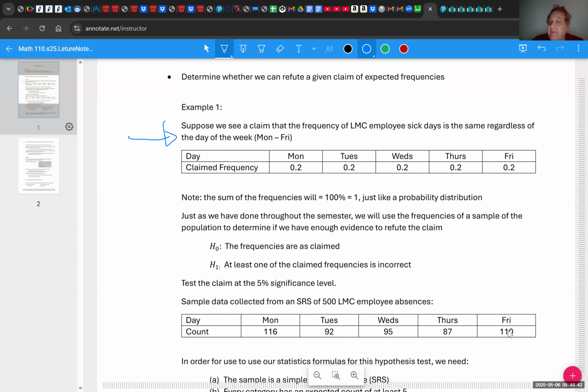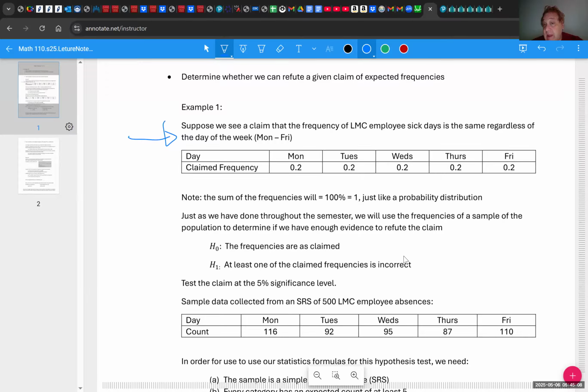And the alternative hypothesis is that at least one of the claimed frequencies is incorrect. So this is very standard in terms of our null and alternative hypotheses. The frequencies are as expected, or as claimed. And then the alternative is at least one of the frequencies is not as expected or claimed. We're going to test this at the 5% level.